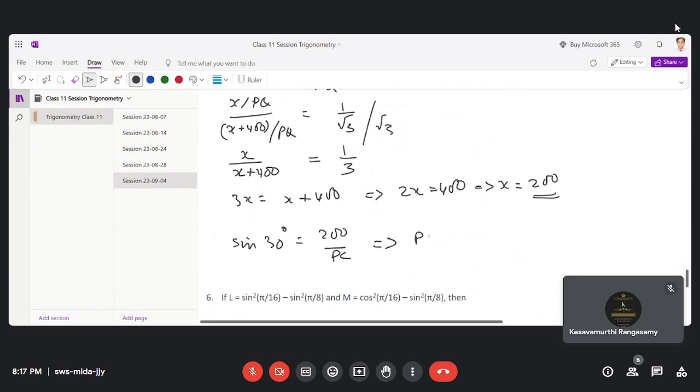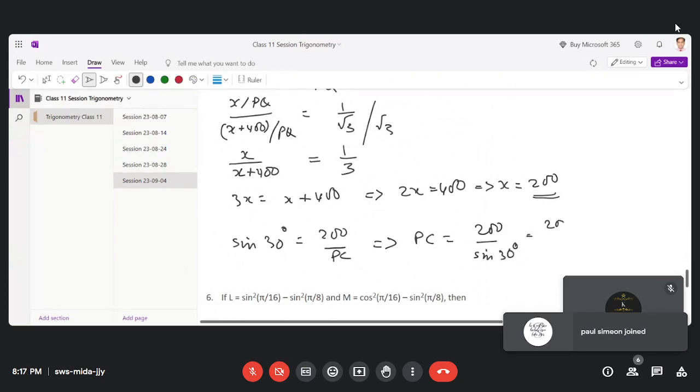Therefore, PC equals 200 by sine 30 degrees. Sine 30 degrees is half, right? So your answer is 400.